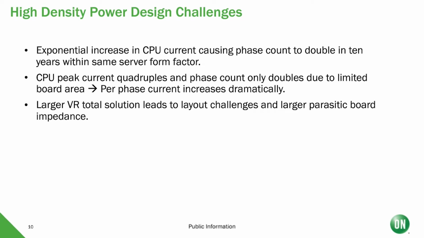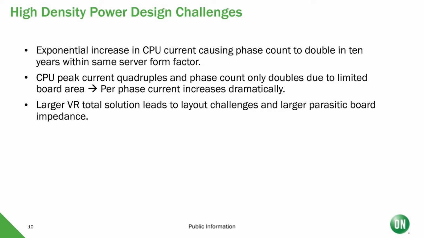So again, going back to slide number 2 and slide number 3, we are seeing an exponential increase in the CPU load, and what that translates to is we have to keep adding more phases to the power supply. So within the last 10 years, we're seeing the number of phase counts double. However, the CPU current actually quadrupled.